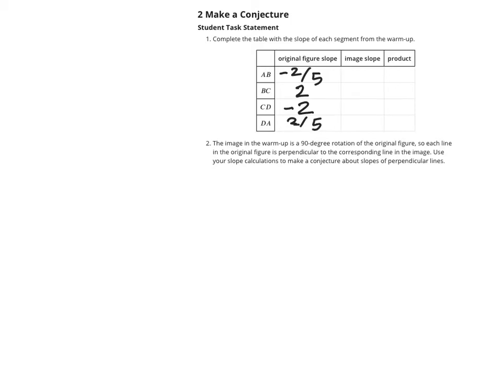Okay, now let's do the image slopes. These are the primes. So this first one is AB prime. I have a rise of 5, a run of 2. B prime C, rise of 1, run of negative 2.